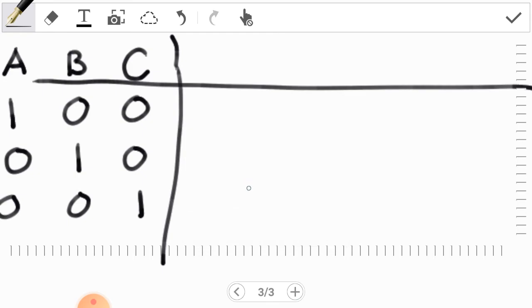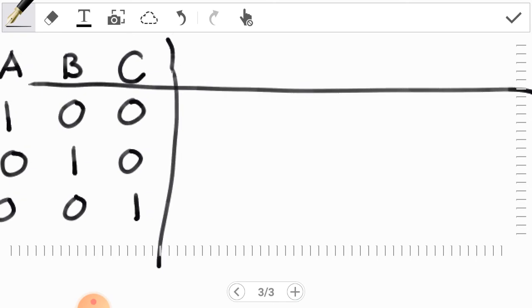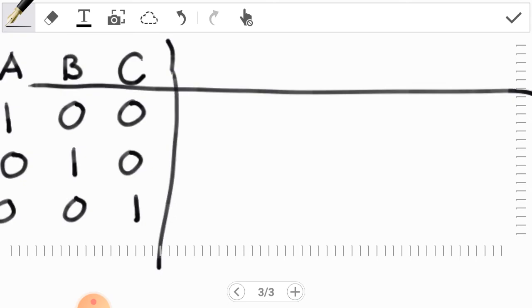Now, let's go back to the clues given by the MC. The first clue, let's read it carefully. Either key A will open the door or key B will not and key C will. So either, ibig sabihin, pag sinabing either, you use the connective or, di ba? Either.